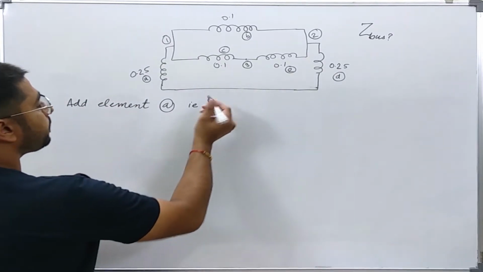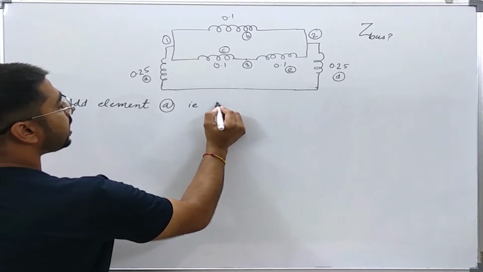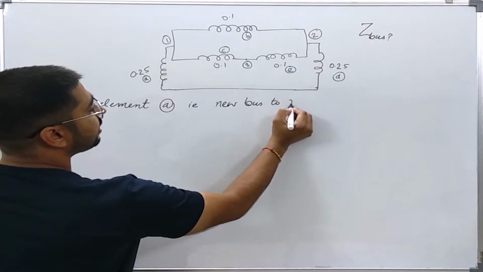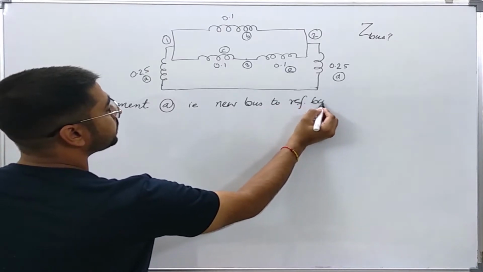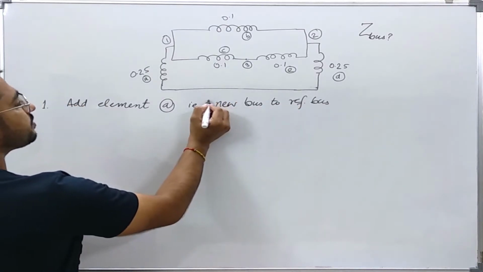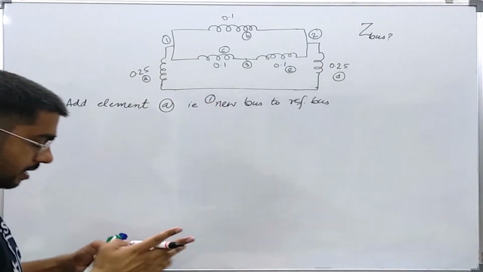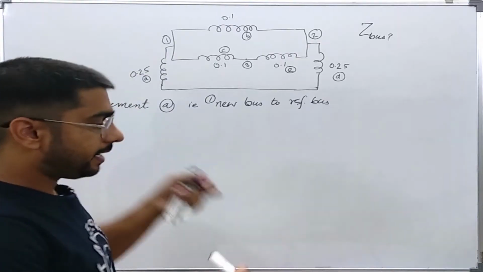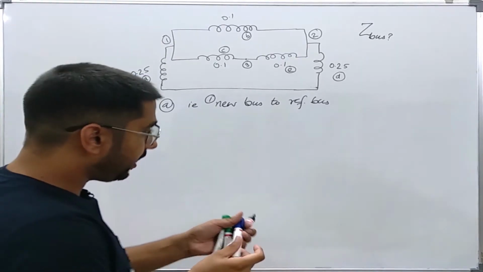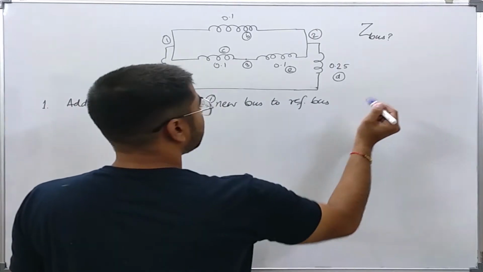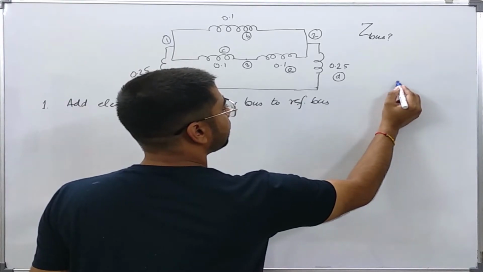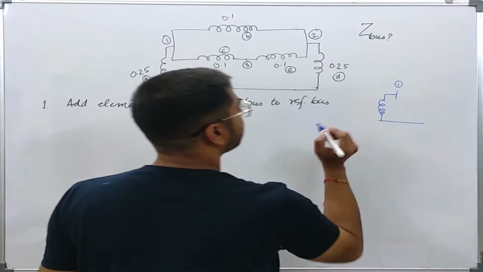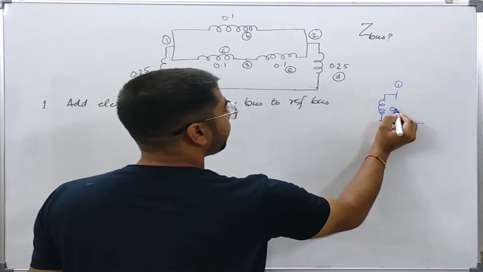So it is just like adding a new bus to the reference bus. The new bus is bus number 1. For this part, the network will be like this. This will be bus 1 and only one element will be there with the reference bus, and this element is 0.25.